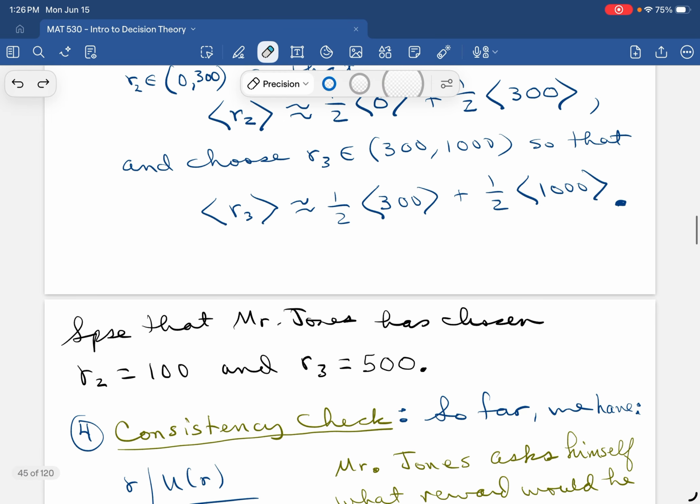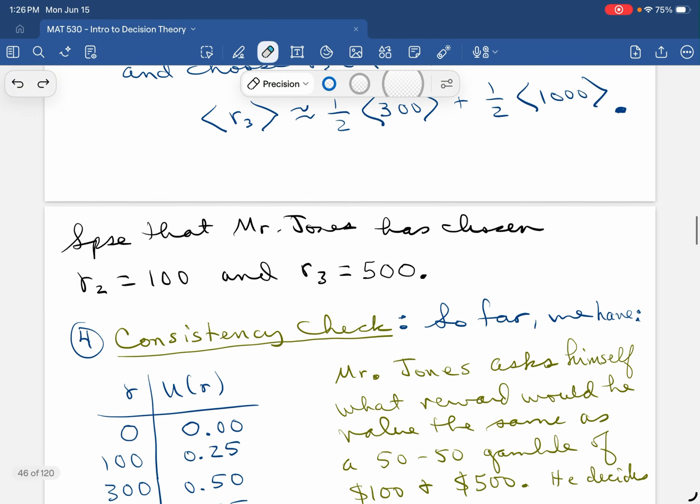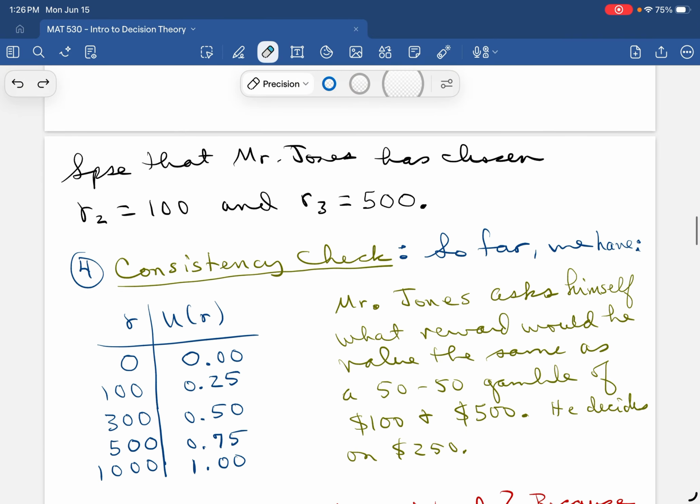At this point, it would be a good idea to do a consistency check. So let's first note in this table all of the utility values that Mr. Jones has delineated at this point. And in order to do a consistency check, Mr. Jones asks himself, what reward would he value the same as a 50-50 gamble of $100 and $500?